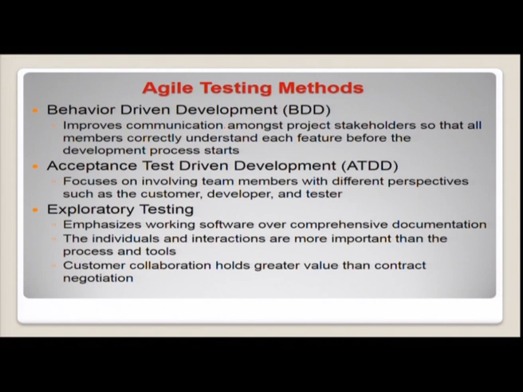It improves the communication among project stakeholders so that all the members correctly understand each feature before the development process starts. So, it speaks about the behavior of the system, the behavior of the software. Then the second method is acceptance test driven development, in short called ATDD.